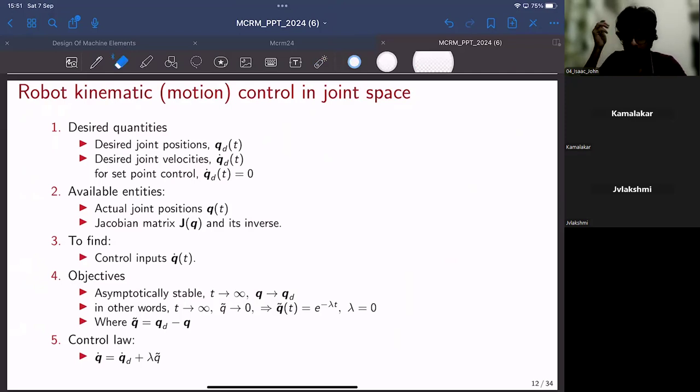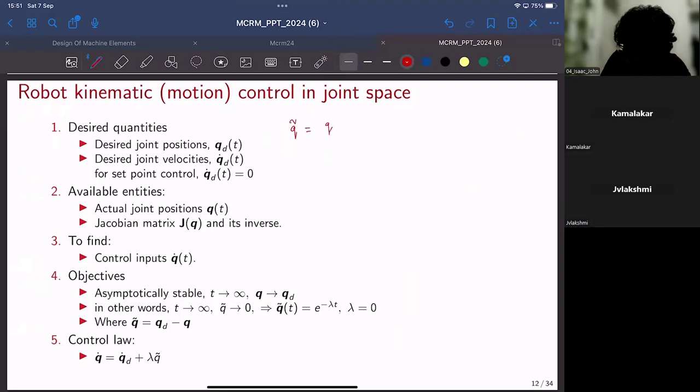The easiest thing is that if I define this variable Q tilde as the difference between Q desired and Q, where Q desired is the desired position and Q is the actual position, I can call this Q tilde the error between the desired and actual position.